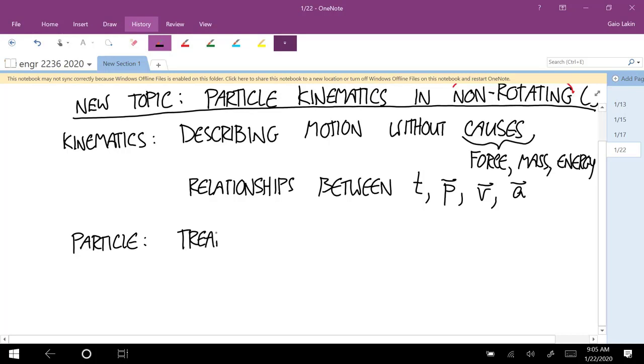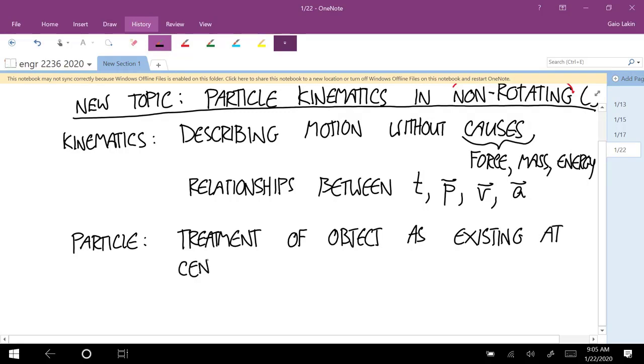so it's a mathematical treatment of an object as existing at the center of mass and having no length dimensions.